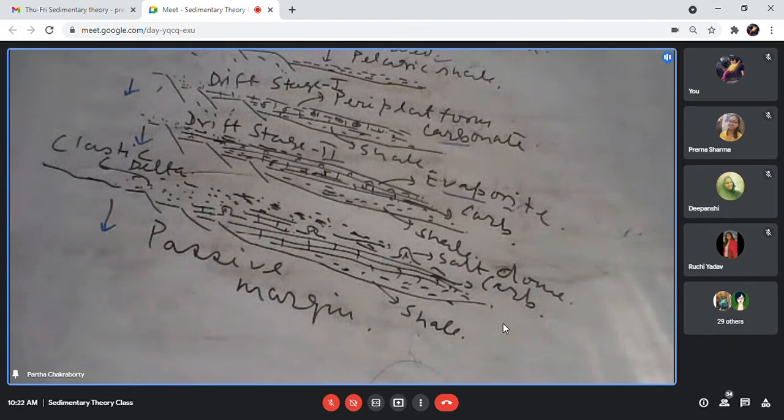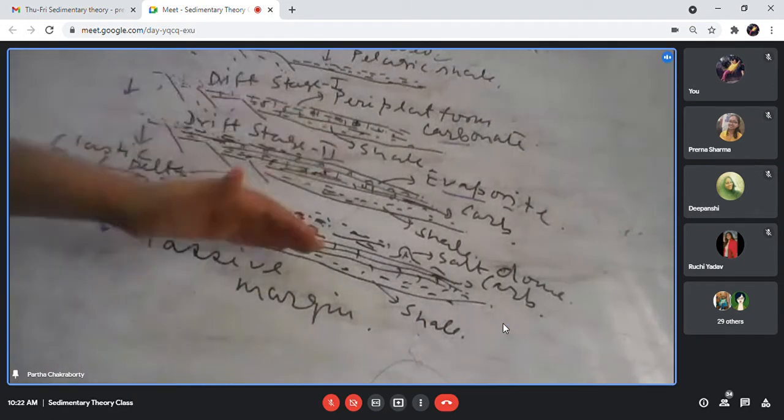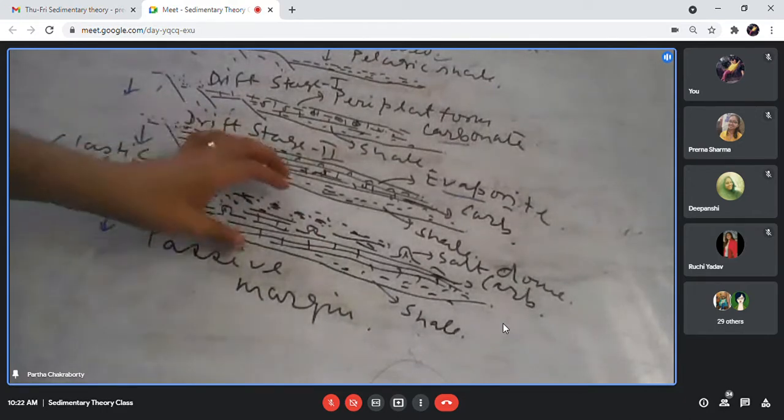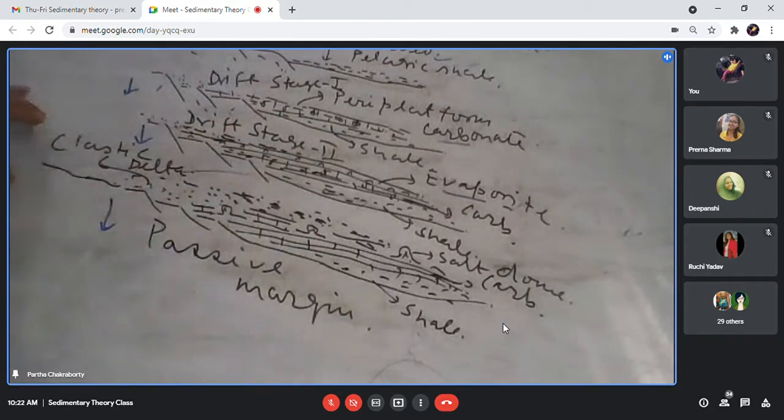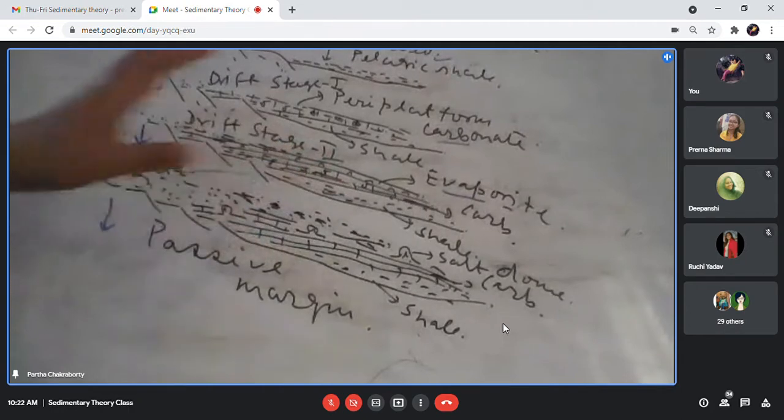But if a passive margin is in a humid tropical climate, suppose our Indian passive margin, there large scale river systems will come, and when it is subsiding, a large scale clastic delta system with active river supply will form the delta.